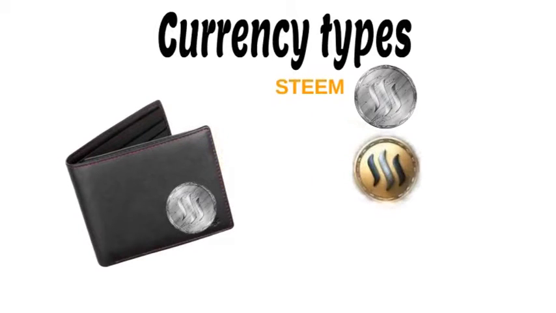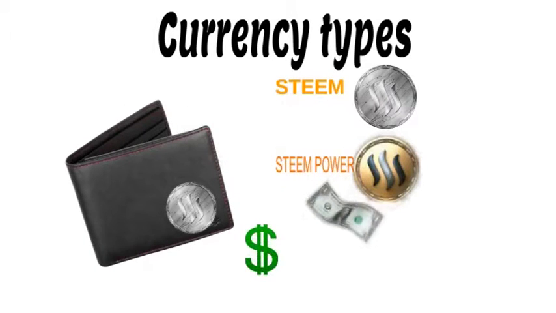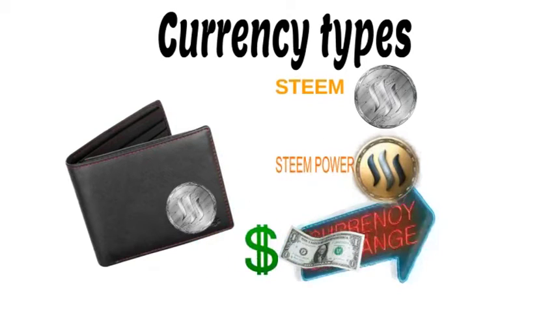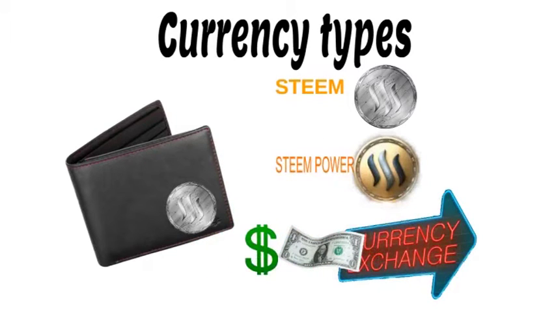This currency, when powered up, becomes Steam Power (SP), which is the influence that a user can have within the Steam network, which values both posts and comments. After this process you can switch to SBD, Steam Dollars, which can be transferred to other accounts, or be used in trading.